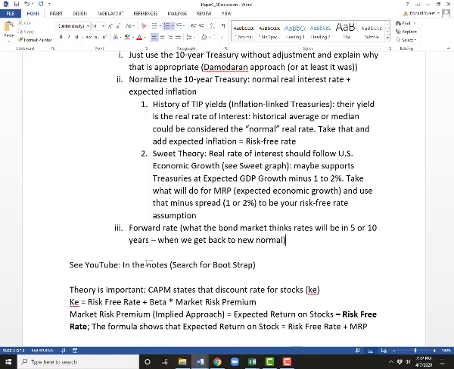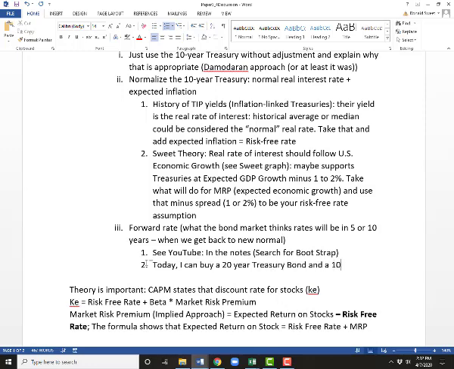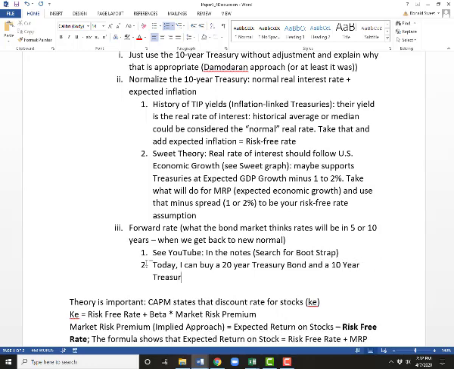So here's the theory. I won't give you the whole thing. It's in the video and you can watch the videos, but here's the whole theory: today I can buy a 20-year treasury bond and a 10-year treasury bond.